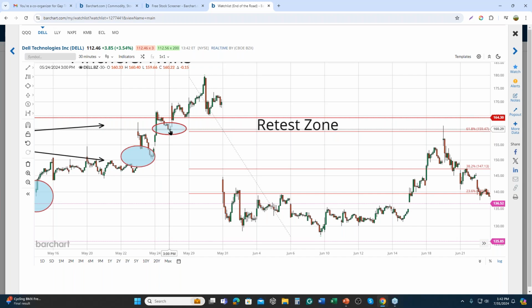But you can see here that there is another little minor level of support. So between here and here, I know that these levels of support are now becoming levels of resistance. So there's this confluence of these two areas.